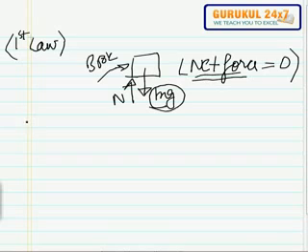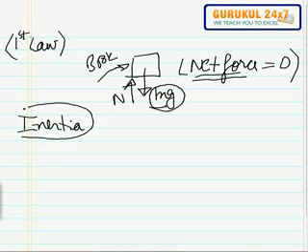The first law also identifies inertia. Inertia is the property of an object to resist a change in its state of motion.